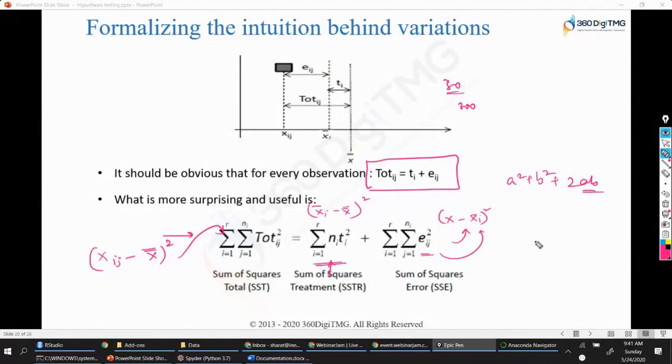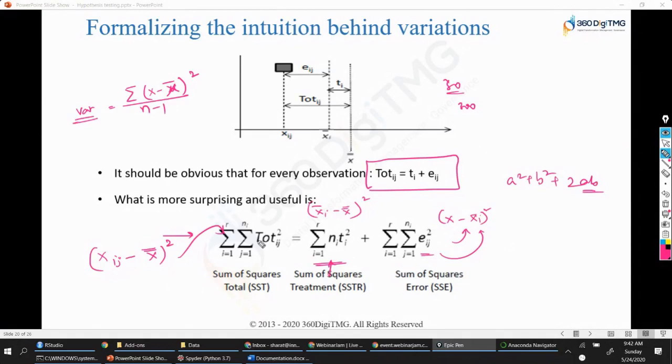So what do we do? We calculate variance. That means we are doing an average. We have to do the average of these deviations. And we know the degrees of freedom formula. Remember the variance formula for a sample: summation of x minus x bar, whole square, divided by the degrees of freedom, n minus 1.